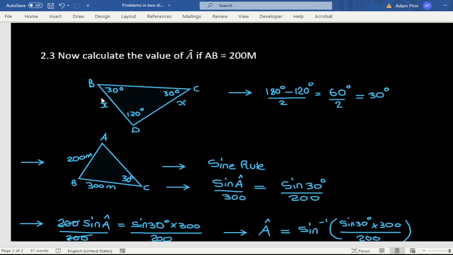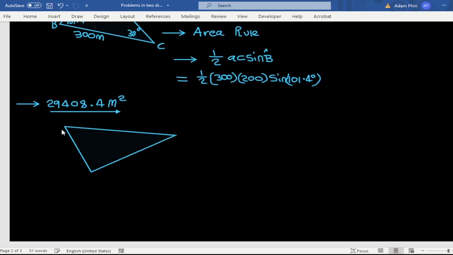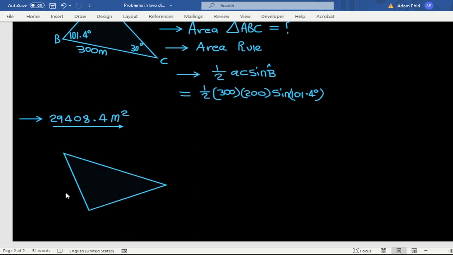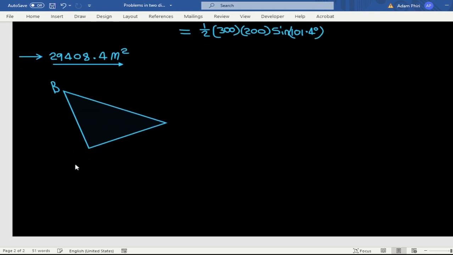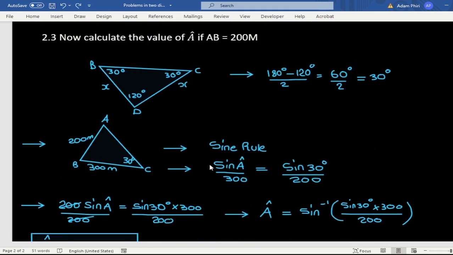We need to look at the other remaining triangle, which is BCD. What information do we have for BCD?